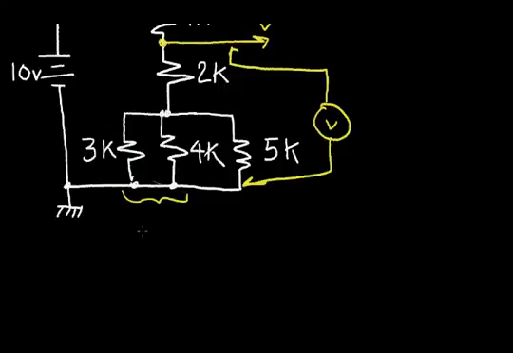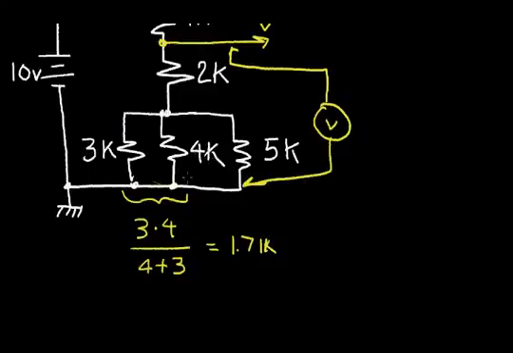Recall that the equivalent resistance for any two resistors is merely the product divided by the sum of those resistors. So here I have the product, which is 3K times 4K, divided by the sum, which is 4 plus 3. If you do the math, that should be 1.71K.